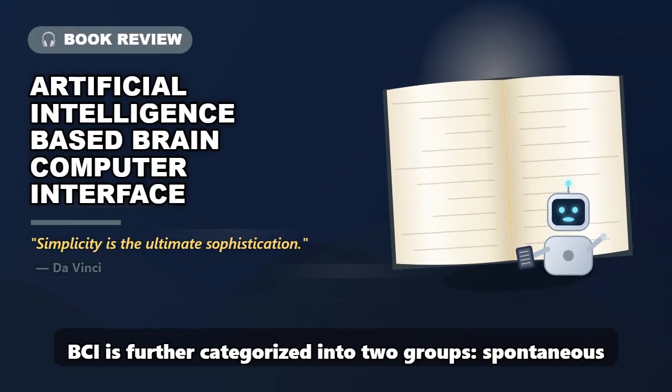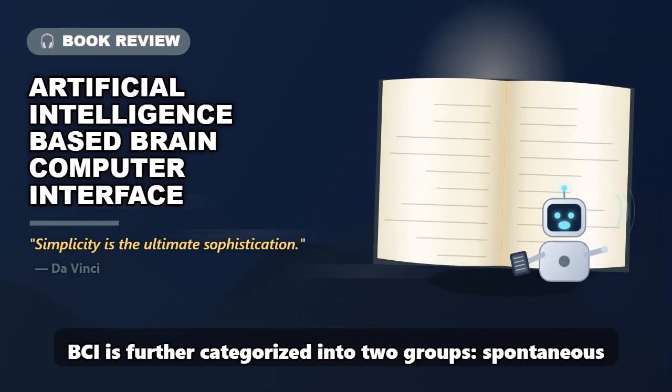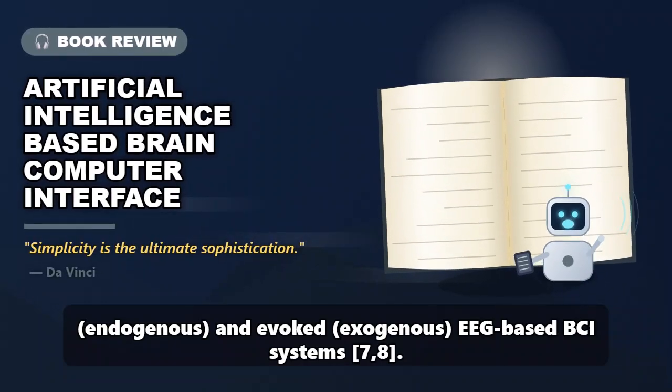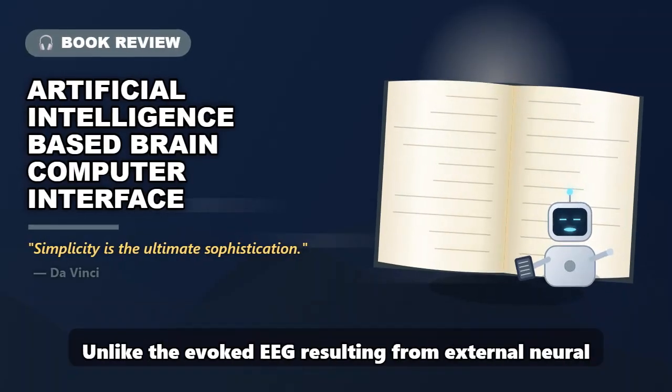EEG-based BCI is further categorized into 2 groups, spontaneous, endogenous, and evoked, exogenous, EEG-based BCI systems.